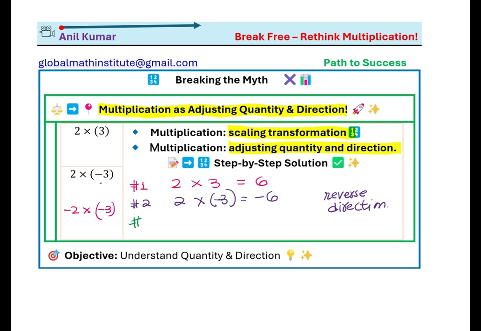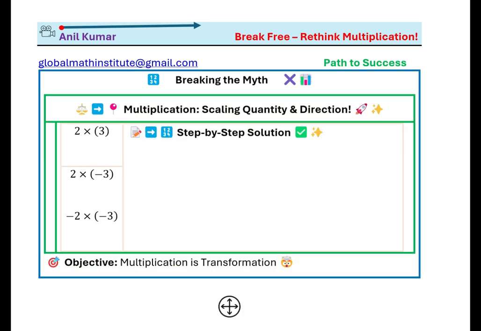So I'd like you to complete this step and then we'll go over these steps once again, right? So that brings me to the next final step of multiplying with integers. And I hope with this you're going to understand completely how quantities and directions should be taken care of in multiplication, right? Here is your full and final step.